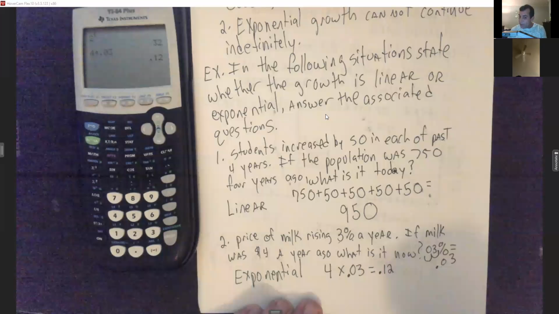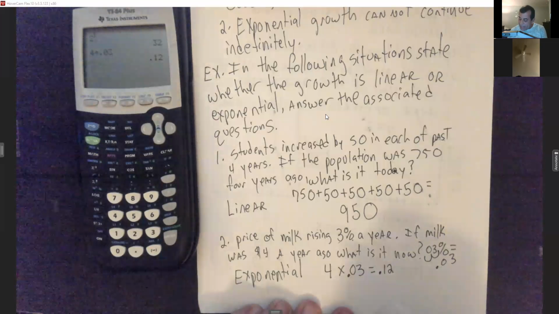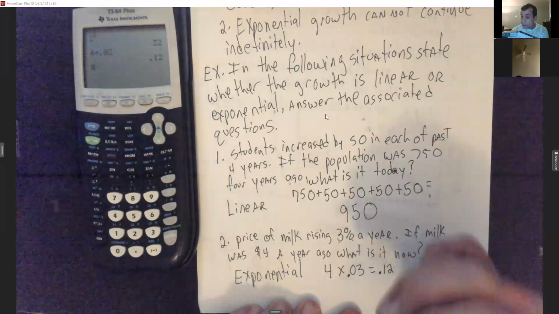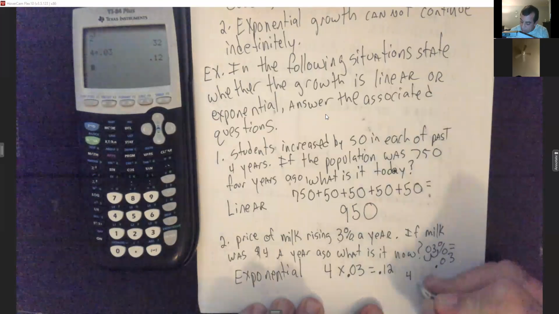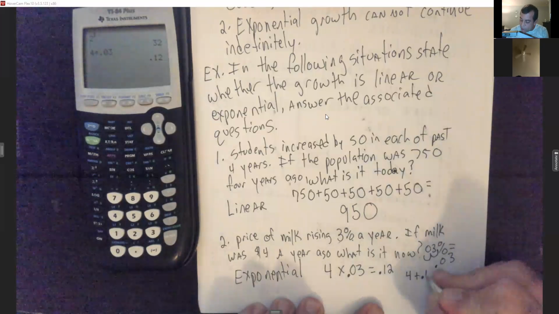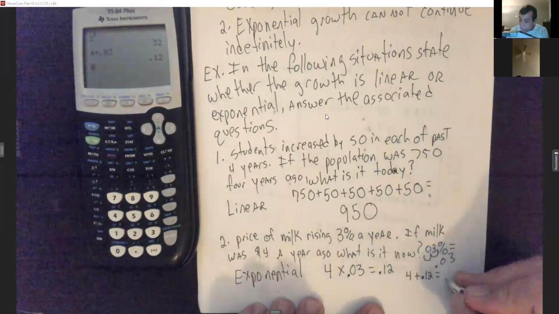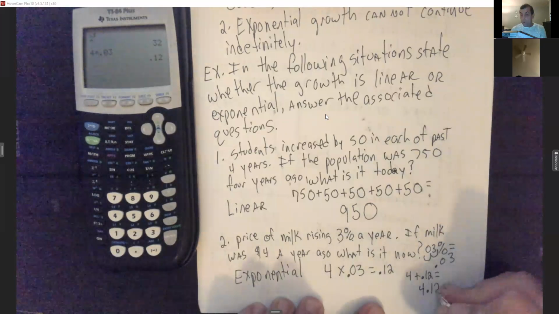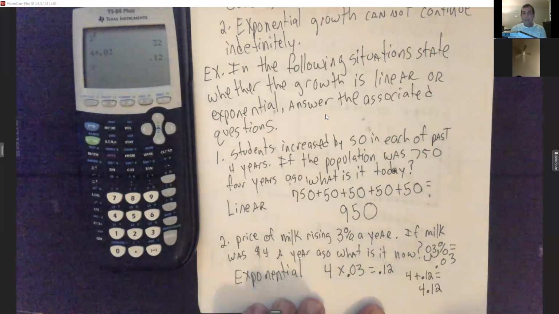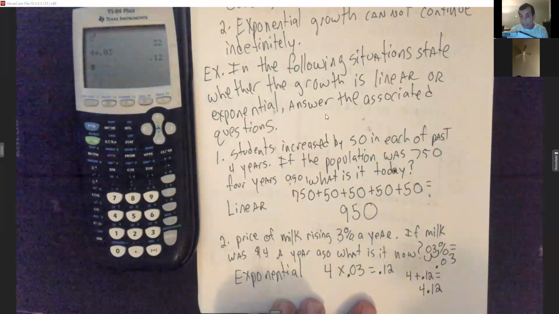But remember, we got to add that to the original $4 to get the price now. So we would have our $4 plus our 0.12. So the new price of milk is $4.12. Now that's after 1 year, so that's what they were looking for.